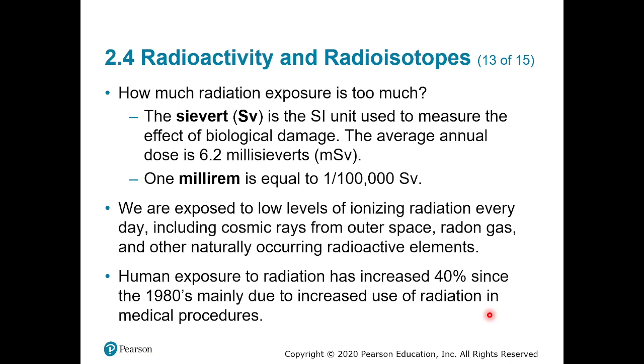So the big sources of radiation that have happened since we started understanding radioactivity, number one, and the biggest, is we use it in medical tests. So when you get x-rays done, when you get PET scans done, when you have a tracer put in you, has anybody ever done a medical procedure where they give you an injection or have you drink something?